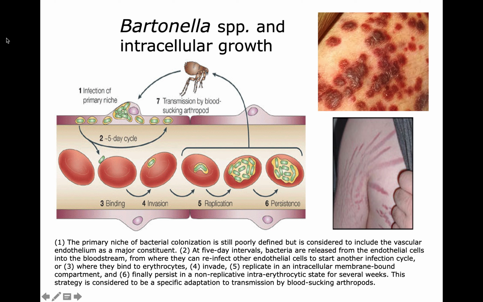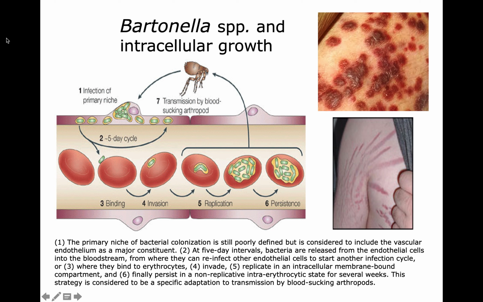It's called its primary niche, and it is the endothelial cells that line the blood vessels. After a few days there, the bacteria will be released into the bloodstream.